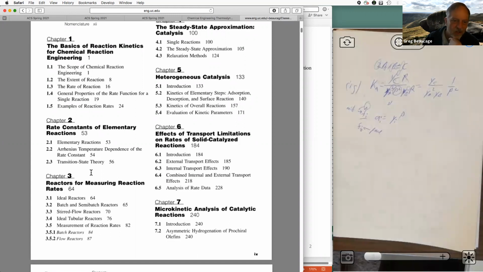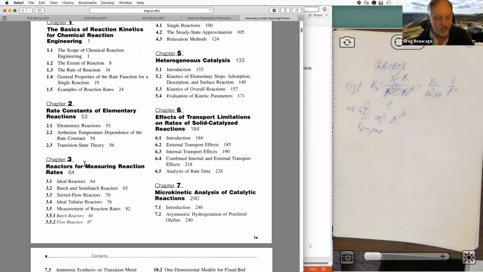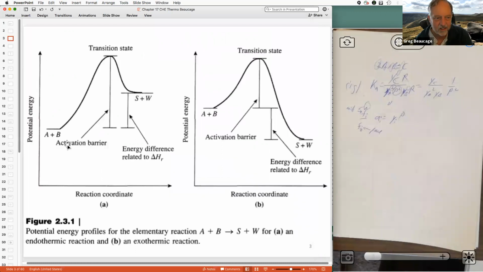So there's two parts to the whole operation. This is a reaction coordinate, basically meaning the progression of the reaction: the reaction's not started here, here it's going on, and the reaction's done here. And this is energy.